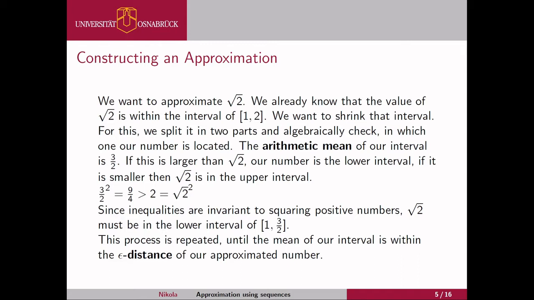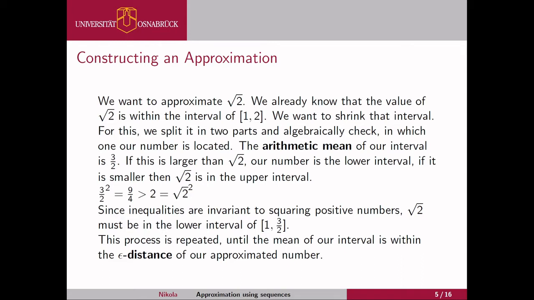And if the arithmetic mean, so basically the average number between 1 and 2, the central number, is smaller than root 2, well, this means that root 2 is larger than 1.5, and it has to be in the upper interval. And if root 2 is smaller, this means it has to be in the lower interval. By doing this comparison, we can discard half of our interval and approximate root 2 twice as well.